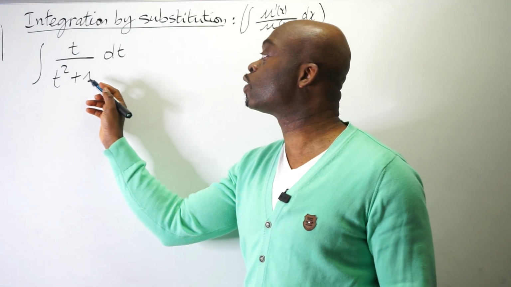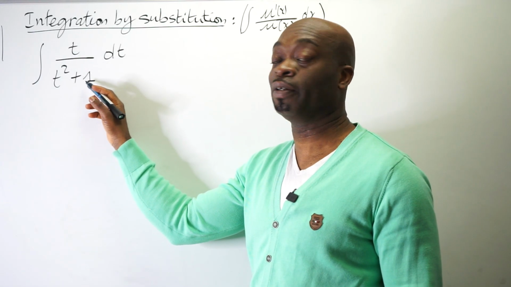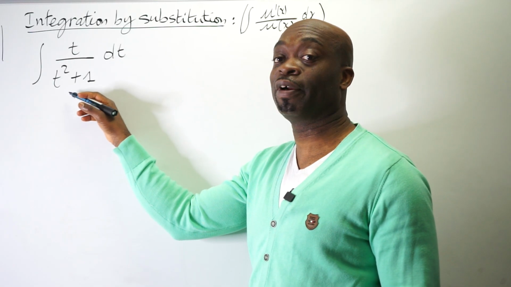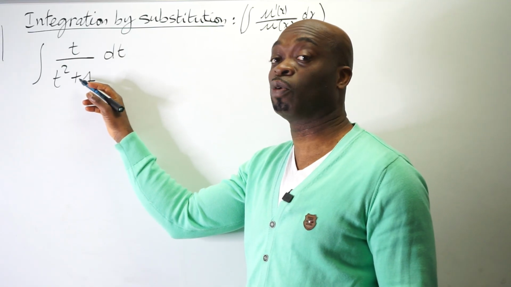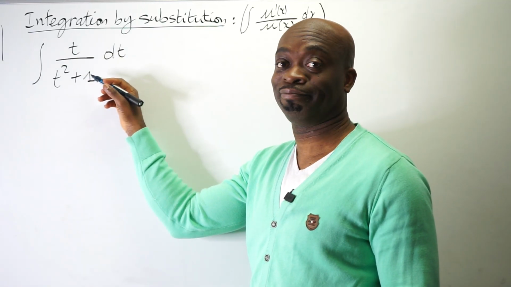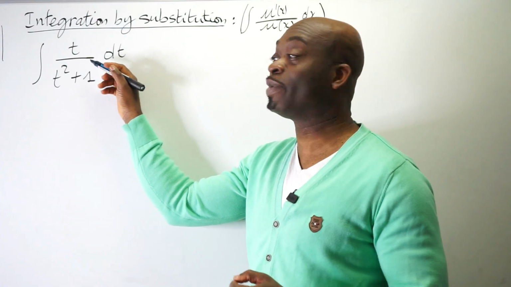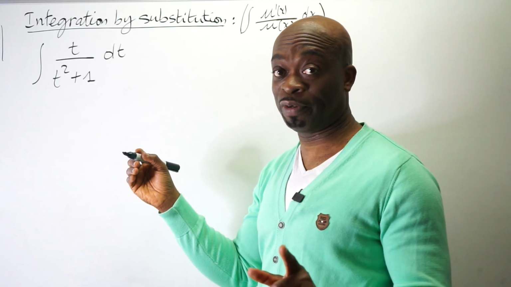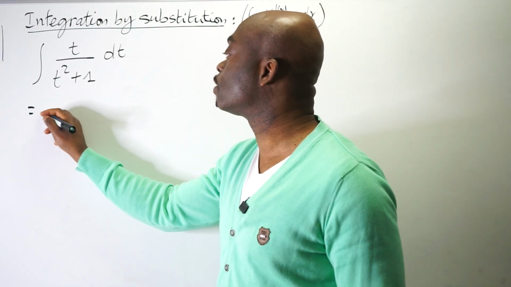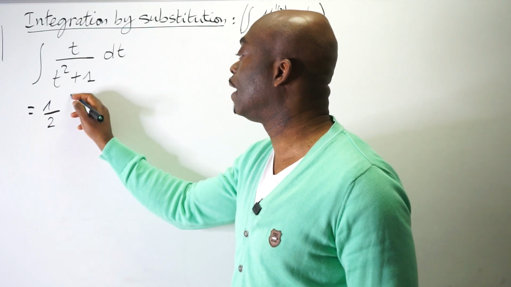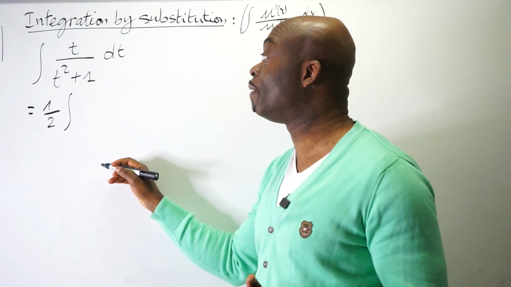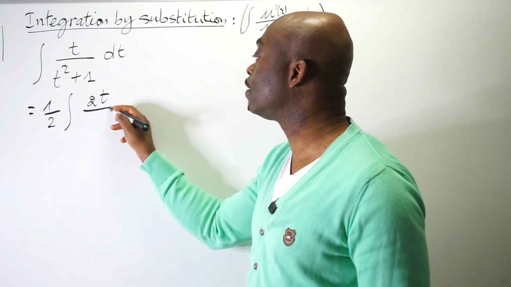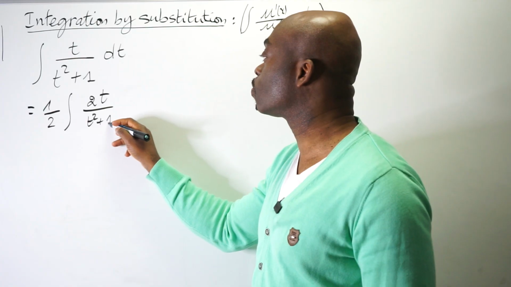When we look at the denominator, what is the differentiation of t squared plus 1? It is equal to 2t. But there's something missing, because we have t on the top and not 2t. So we have to make an adjustment to begin with. You multiply the whole original problem by 1 over 2, and then set it to 2t over t squared plus 1.